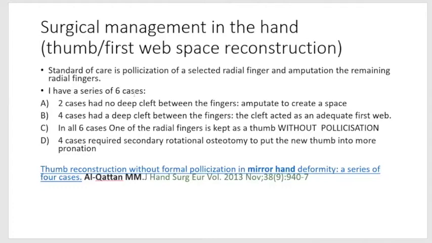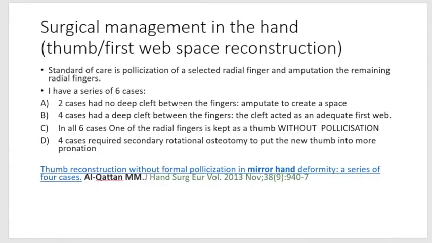I was lucky to see 6 cases. In 2 cases, what I do is I don't do pollicization, and that's my third contribution to this topic. I believe what I do, 2 cases had no deep cleft. Remember, I said in anatomy, some of them have a deep cleft in the mid palm.